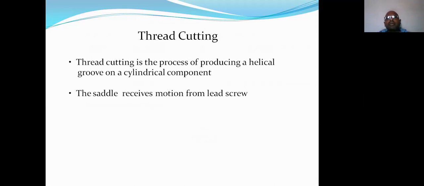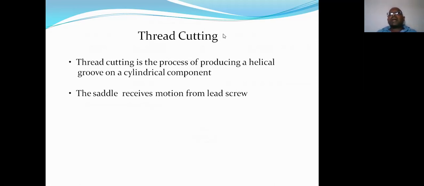So in this one, what happens? In the previous operations, that means either in the taper turning operation, the facing operation or the drilling operation, the motion to the cutting tool may be given either by hand movement or by an automatic system. How is the automatic system given? By using the feed screw or power screw.